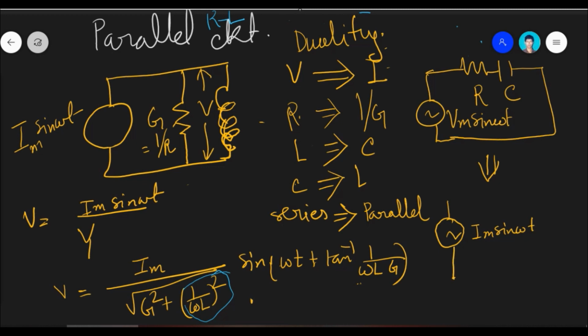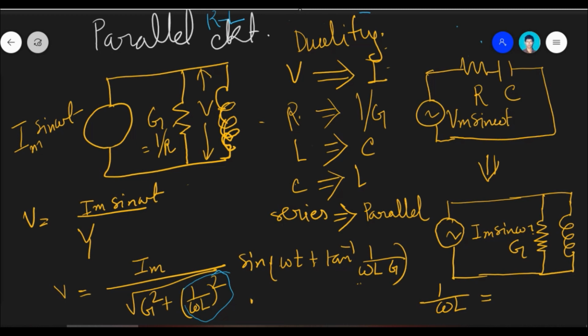After replacing this Im sin omega t, I must replace this R by some conductance G, that is having value 1 by G, and the C should be replaced by L in such a manner that 1 by omega L is equal to omega C there.